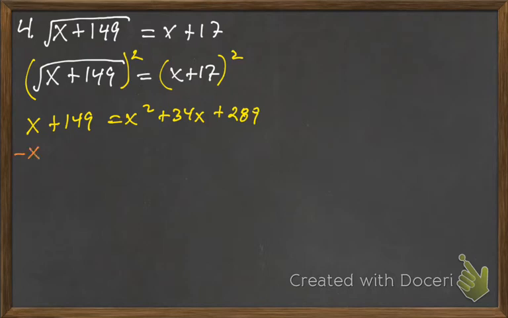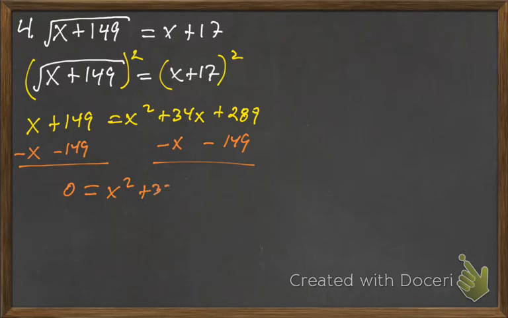This is quadratic, so we will set it equal to 0 and cross our fingers that it factors. So we'll subtract x and subtract 49. Okay, once we've done that, we have 0 is equal to x squared plus 33x, and then minus 140.